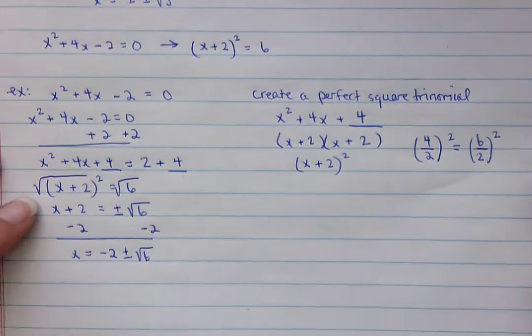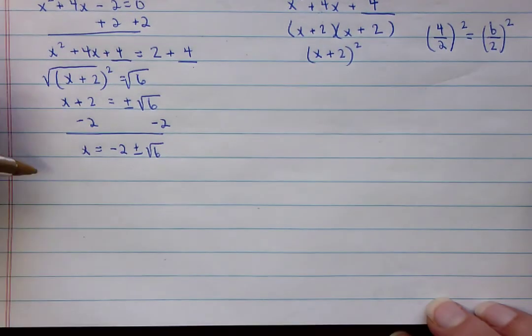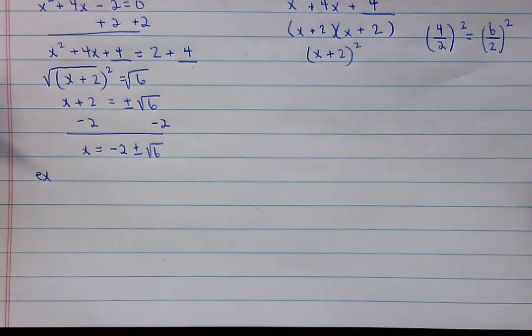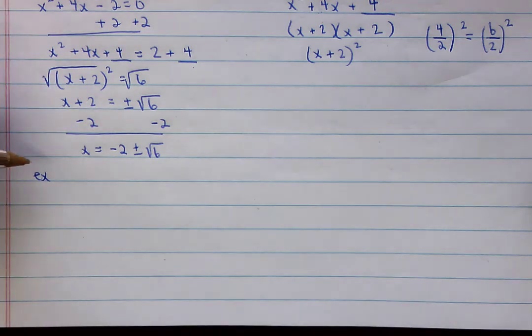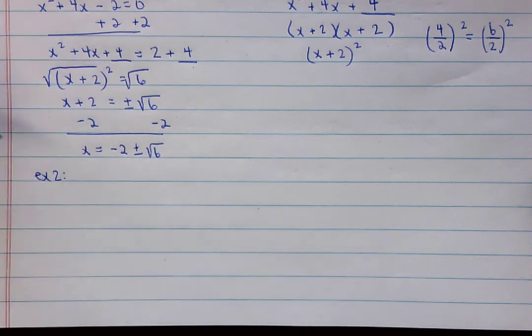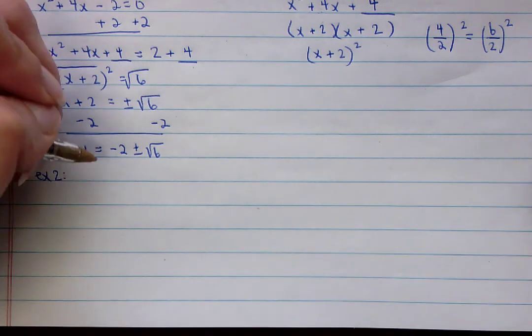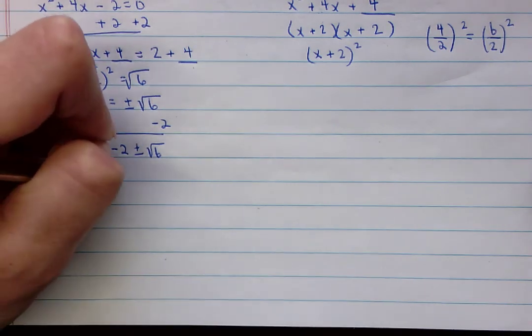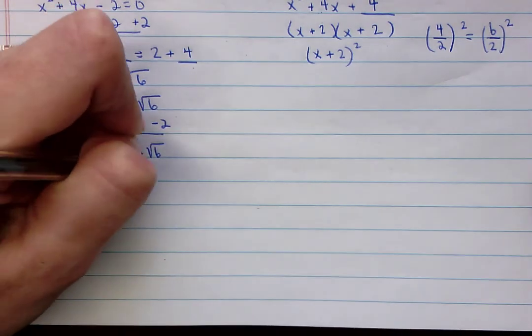Let's do one more. So in your book, we did one kind of like example 1. I'll do example 2 in your book. It just puts it in a slightly different order.